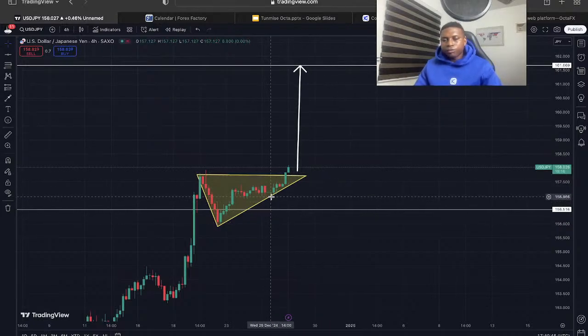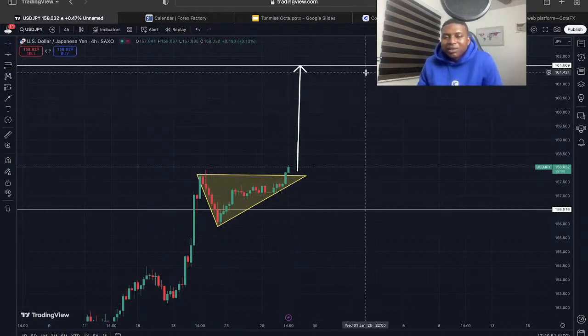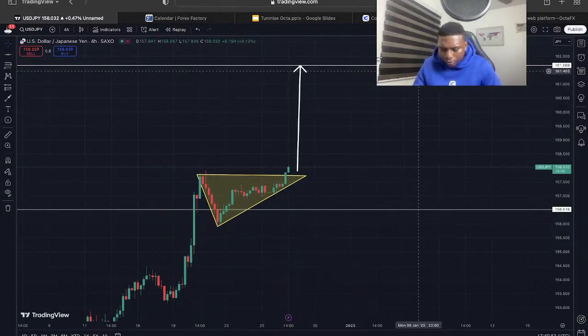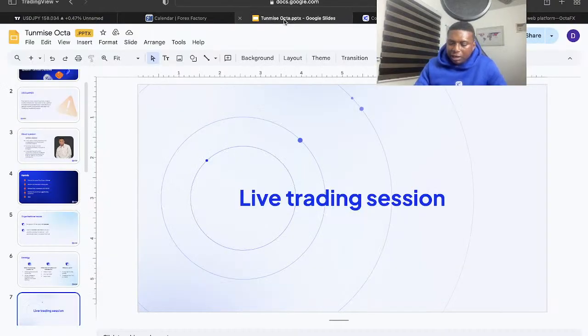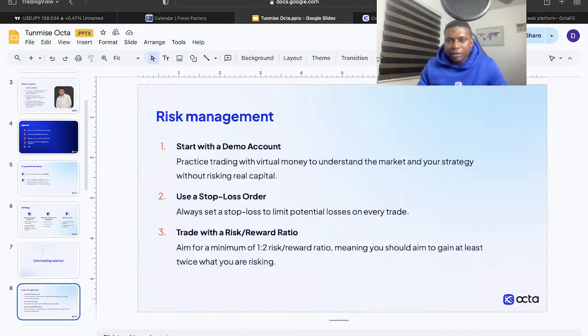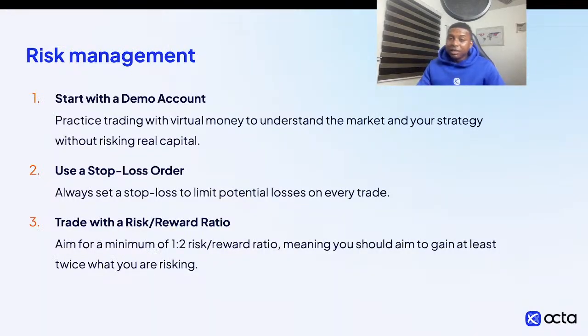Okay, so most importantly, what is very important when it comes to trading is risk management, of which I've taken out some time to share with you tips and tricks on how to navigate and up your risk management game. So when it comes to trading, risk management is very important.